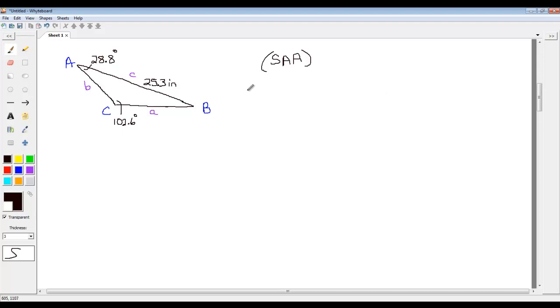Let's see, in this one, well, first of all, we can find the third angle. That's no problem because we know that the angles in a triangle have to add up to 180 degrees. So we can take the 28.8 degrees we've got there, plus the 102.6 degrees we've got there, and subtract from 180 and see what that comes out to.